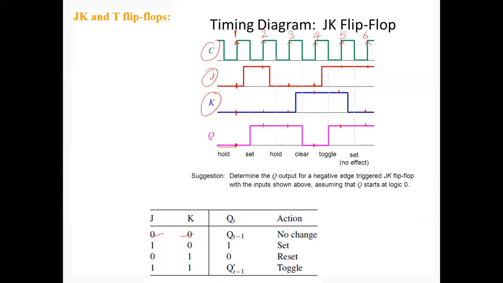Oh, I forgot one. If the clock is... oh, it's a negative trigger. Yeah, this is the negative trigger, I think. I think I made a mistake here. Determine the Q output for the negative edge trigger, okay?